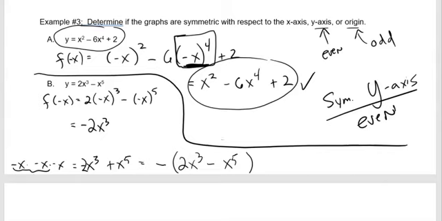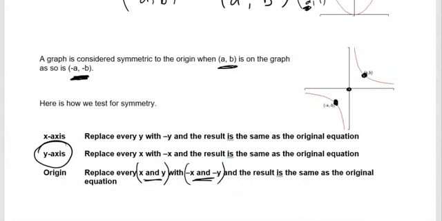So think about this. I plug in negative x and I get the opposite, the negative of my original function, right? My original y or f of x. And that has to do with if I plug in the negative value, I get the opposite sign. So think about that. Here's the point a, b.